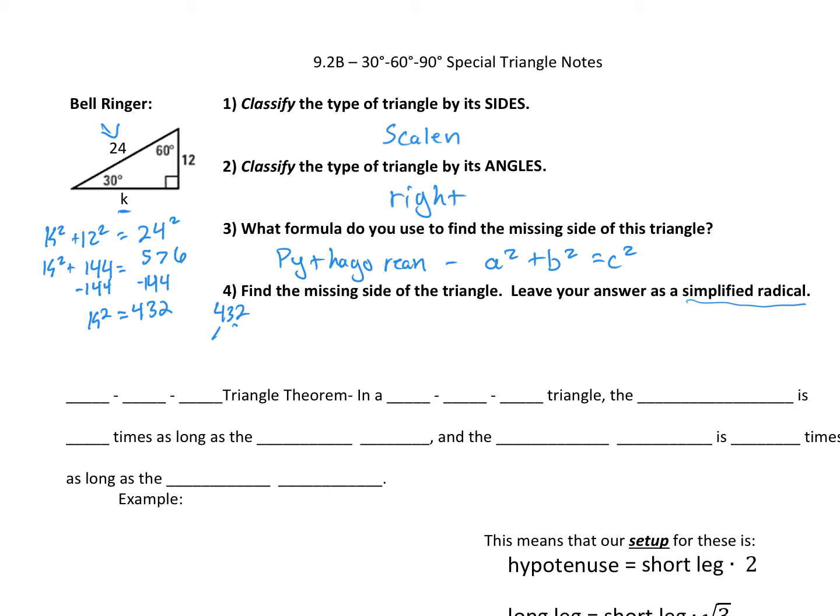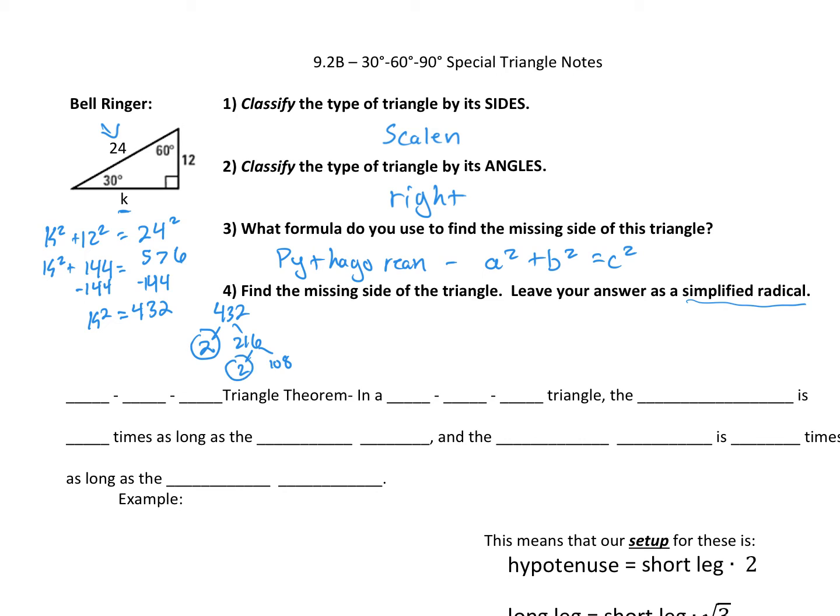I know that is 2 times 216. So I'm going to circle this as one of the factors. 216, I'm going to break that down. 216 divided by 2 is 108. So this is 2 and 108.